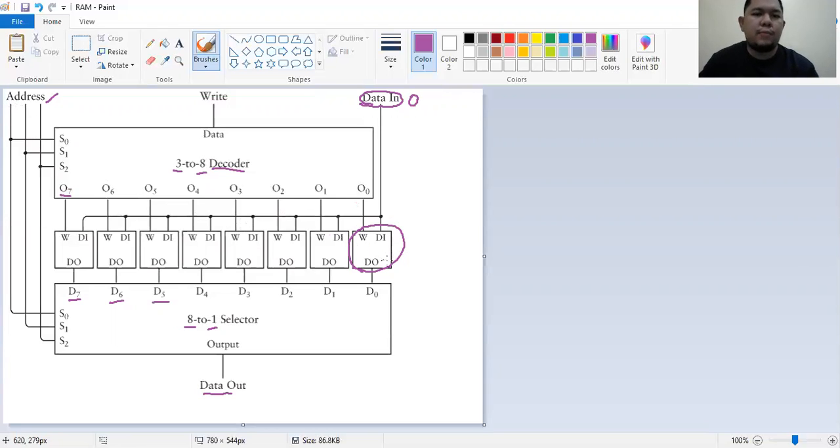Let's say the address of this specific latch is 0, 0, 0. Essentially, we're gonna have to input 0, 0, 0 in the address. So what happens is the decoder selects this specific output to have a value of 1.